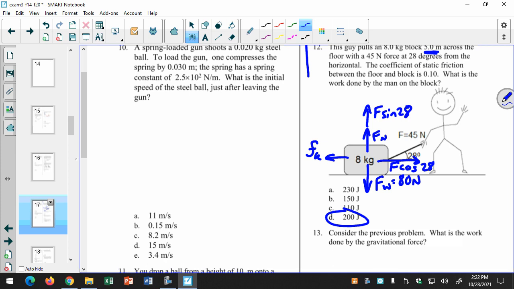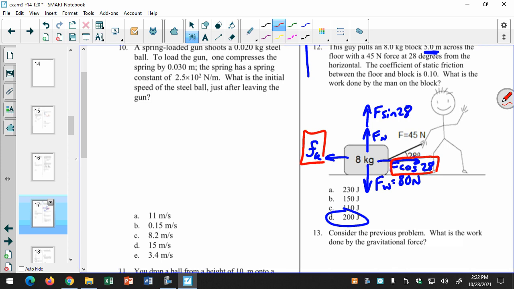Now, I want to know what is the total work that's being done on this object by the man and by the force. There are two forces that are in the same direction as the displacement, or anti-parallel, that is, in the opposite direction. They include this force right here, F cosine of 28, and Fk.